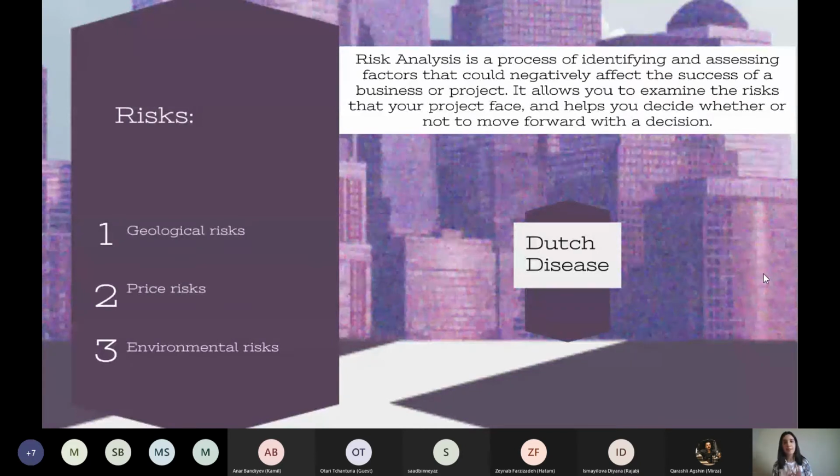And the second thing is mostly economic risks, which is price risk, or we can say inflation, deflation. Inflation means the general price level increases, deflation means the general price level decreases. So let's imagine you're planning to extract, I just give a number, I'm not a professional for this, let's say 100 million barrels.